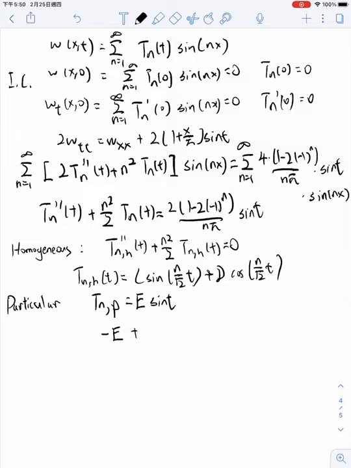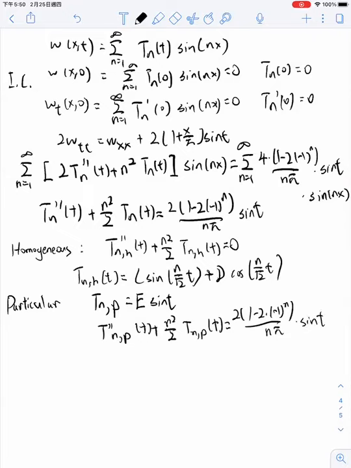And then we substitute the solution we guessed into the equation.